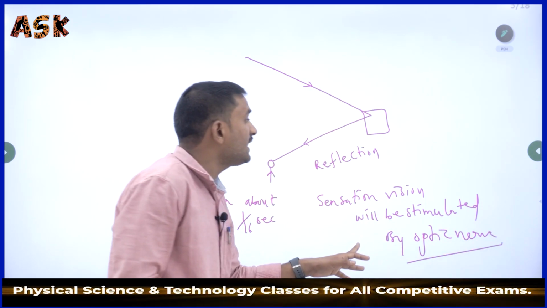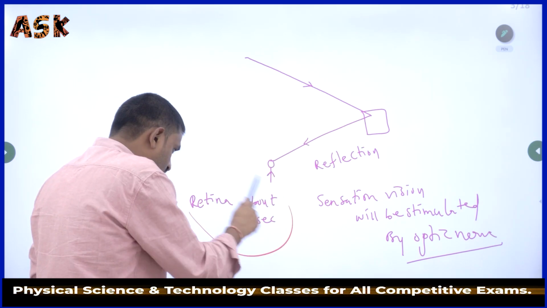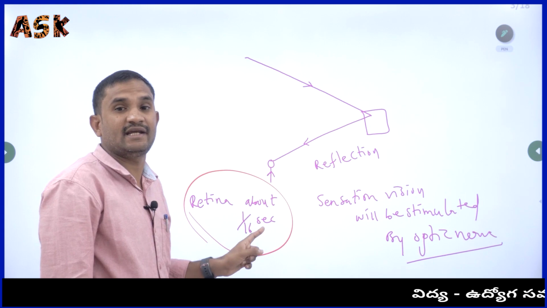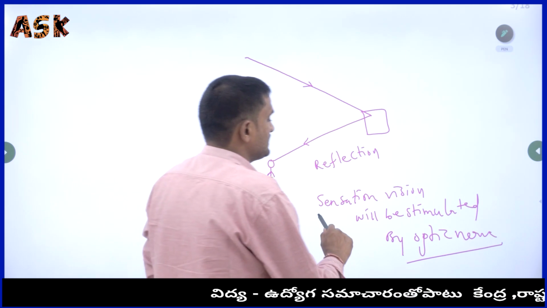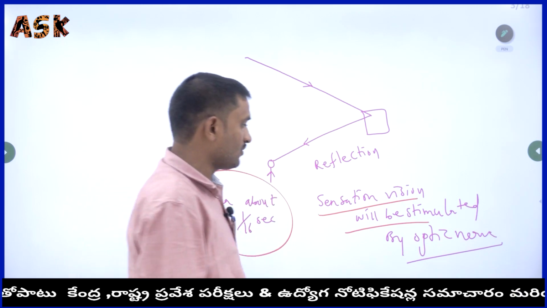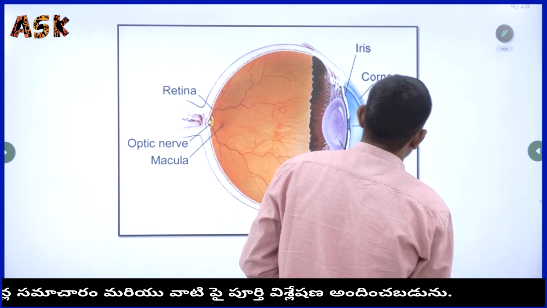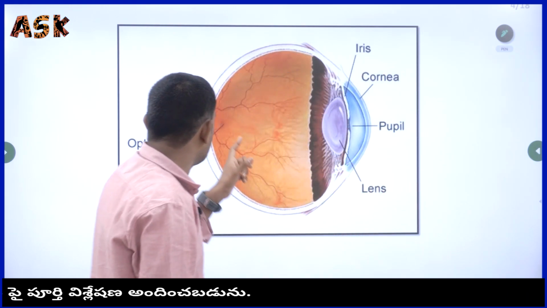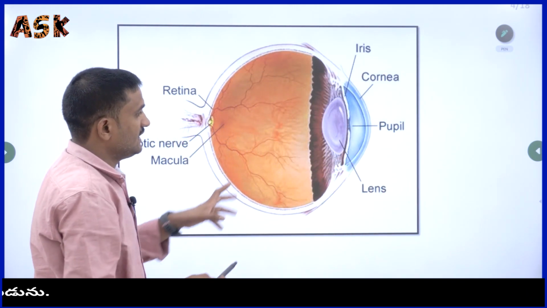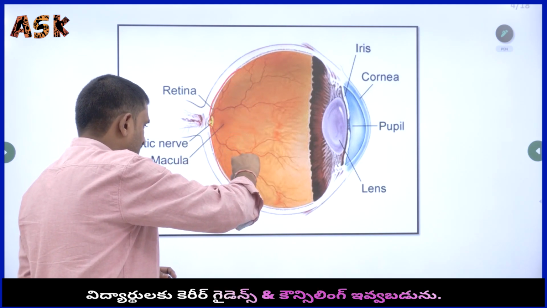When the reflected rays reach our eye for about 1/16 seconds, at that time only the sensation of vision will be stimulated by the optic nerve. Sir, where is this optic nerve present in our eye? The location is here, in the retina.